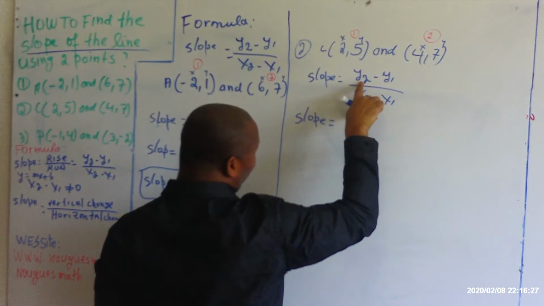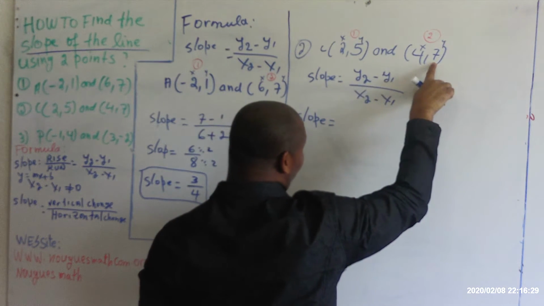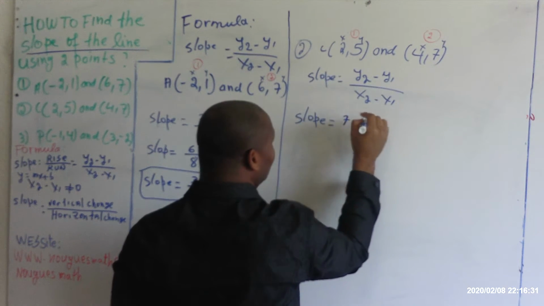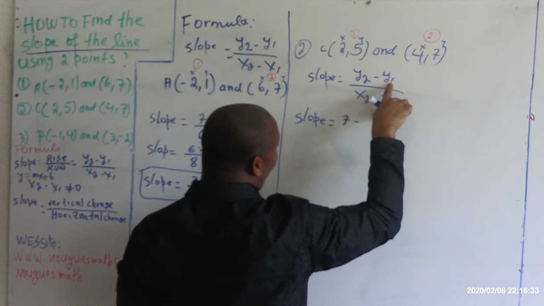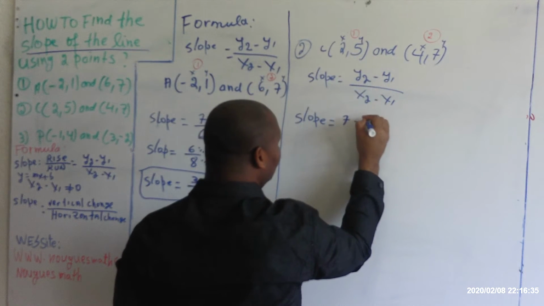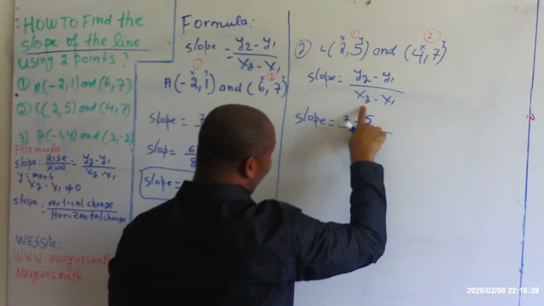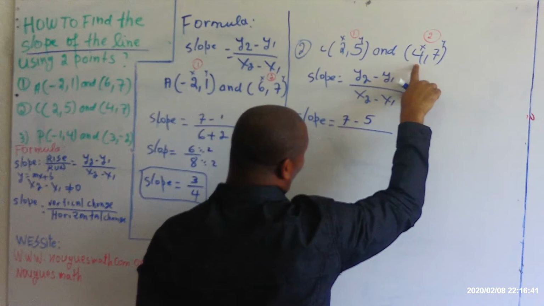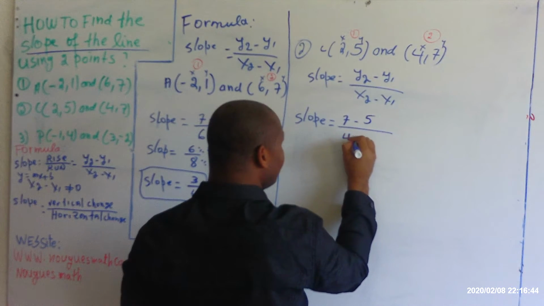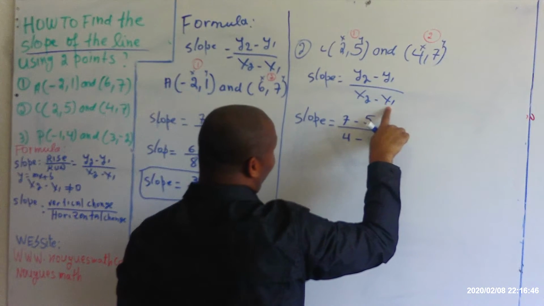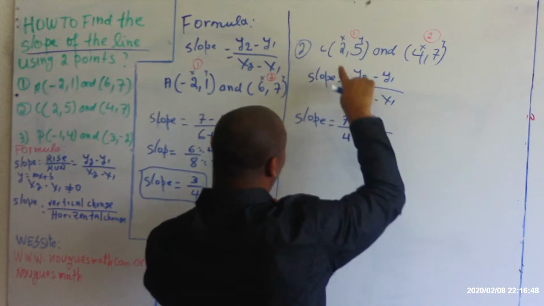So y2, that's going to be 7, minus y1 is going to be 5. x2 is going to be 4, minus x1, that's going to be 2.